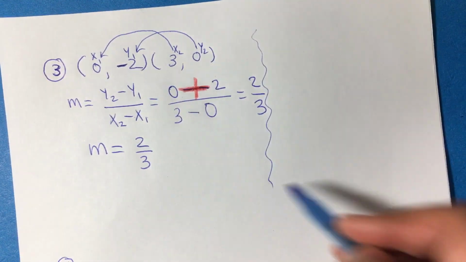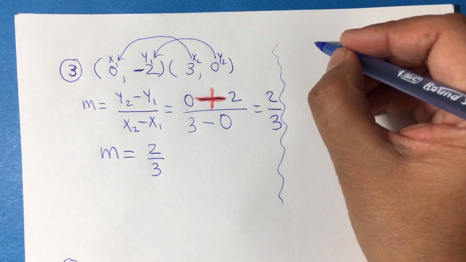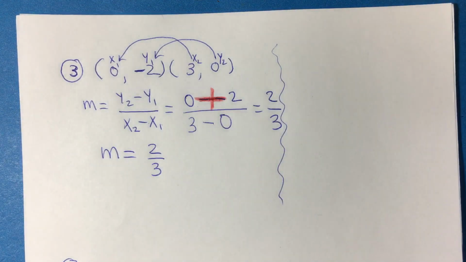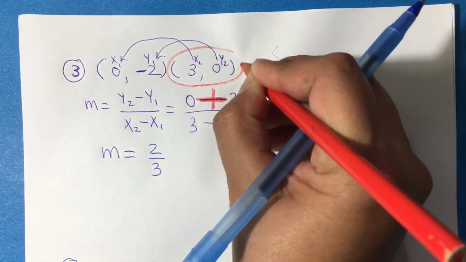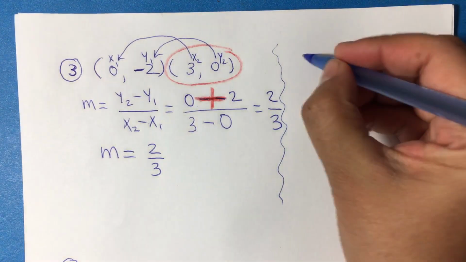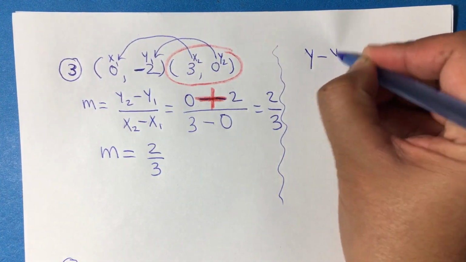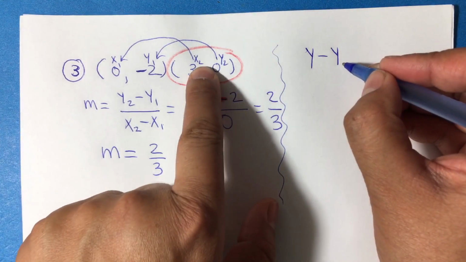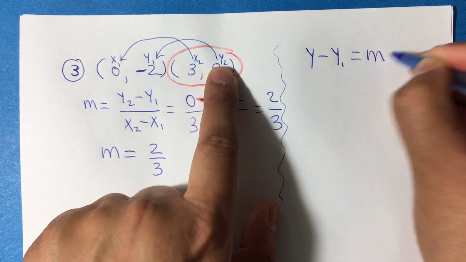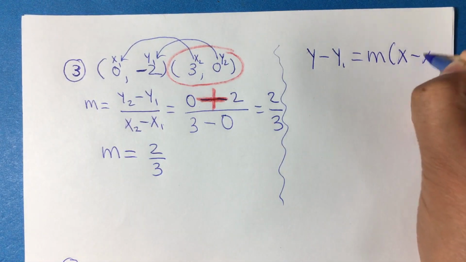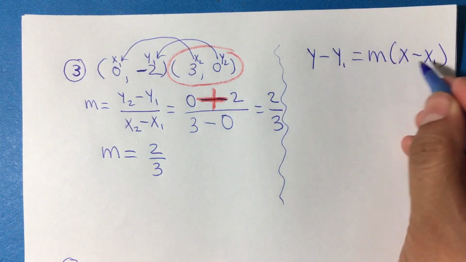Now for my equation, remember that I need my slope and I need to choose one of the points. I'll just choose this one because it has positives only. Again, in the formula it is y minus y1, but if it gets confusing because of those little 2's, you can put a 2 instead, equals m times x minus x1. Or you can put a 2 and a 2 in here, okay?